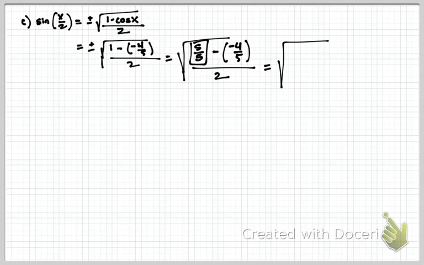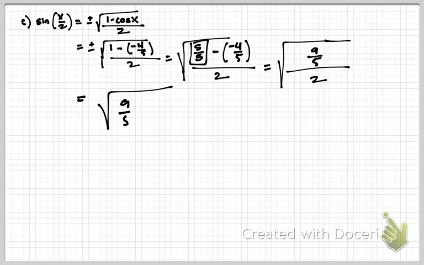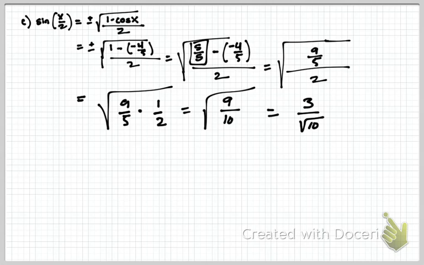Which would give us 9/5 divided by 2. And this form, we can rewrite as 9/5 times its reciprocal, which is 1/2, which equals radical 9/10. Take this farther, and we get 3 over rad 10. Problem with that, we've got to rationalize the denominator, rad 10 over 10.